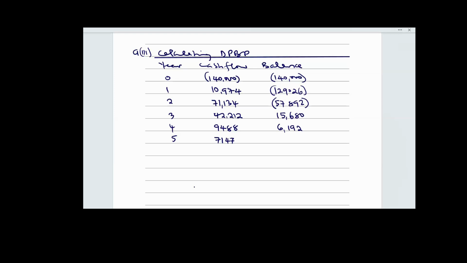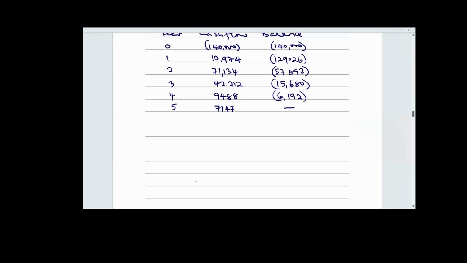You will notice that the outstanding balance of 6,192 is lower than the next cash inflow of 7,147. So you put a dash, then you calculate your discounted payback period.